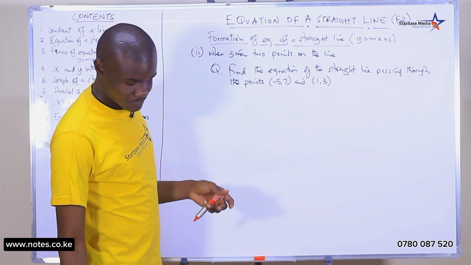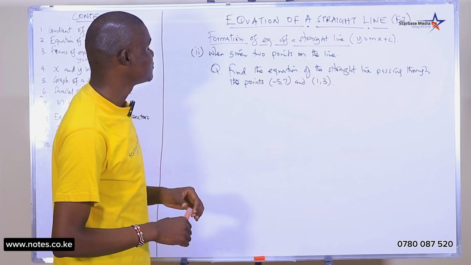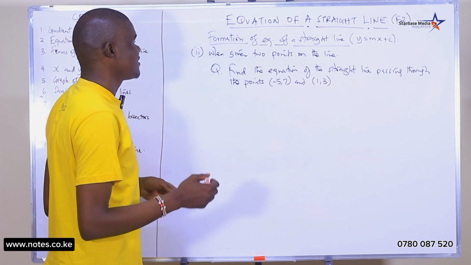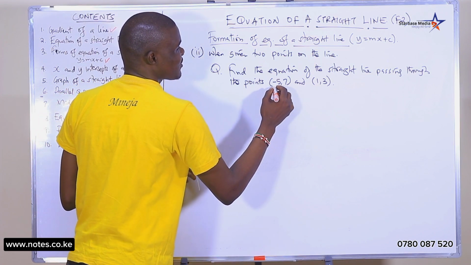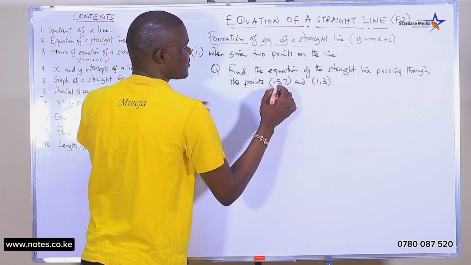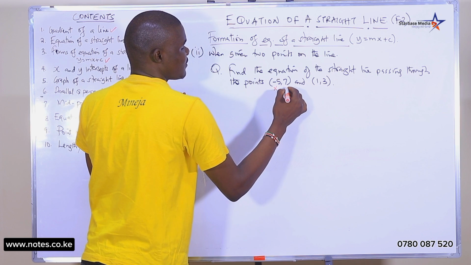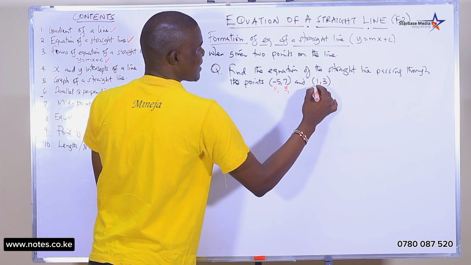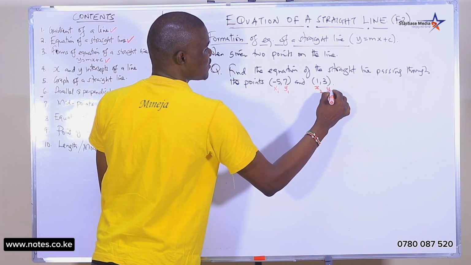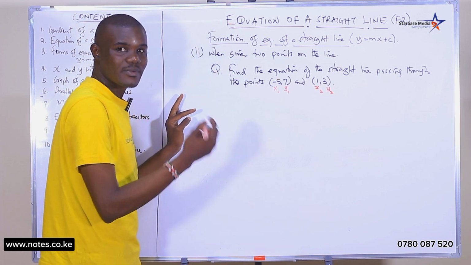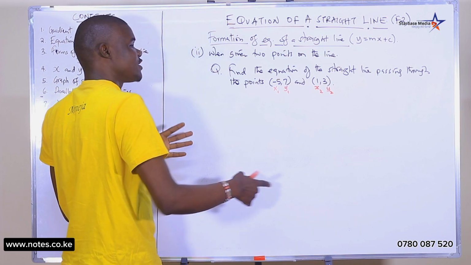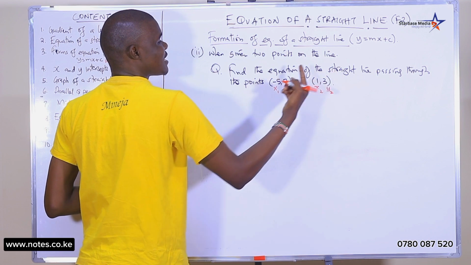Simple. What do I do? I label. That is the first thing. I'm coming from this point to this point. So this is my x1. This is my y1. This is my x2. This is my y2. Remember the concept I taught as I was introducing? It is destination minus origin.